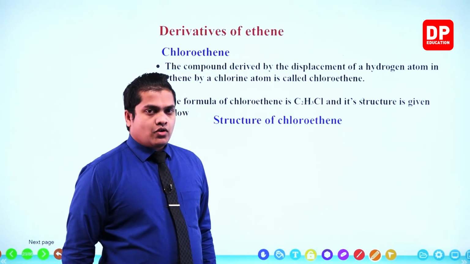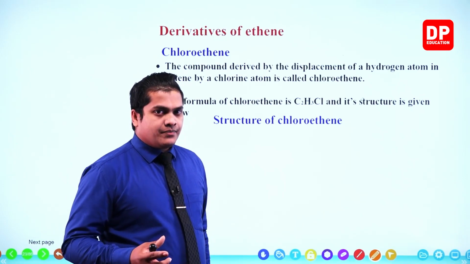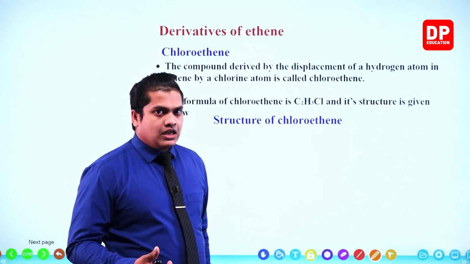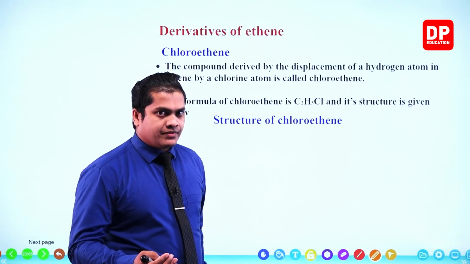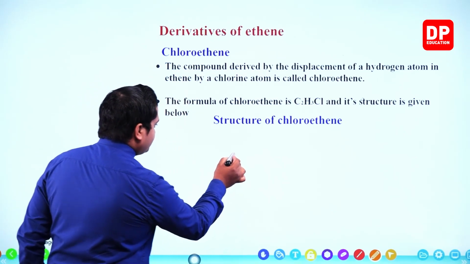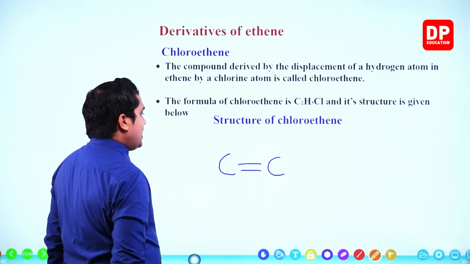How to create chloroethene? Now you know that this is an alkene. So first of all you draw the ethene molecule. You put the double bond between the carbon-carbon atoms.